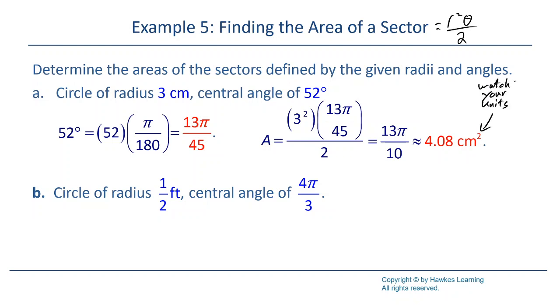Pay attention to your units. Think about miles per hour, feet per second. Those are all unit over unit, distance over unit of time. Whenever you bring in a piece of the area, because you're multiplying length by length, that's why it becomes centimeters squared.